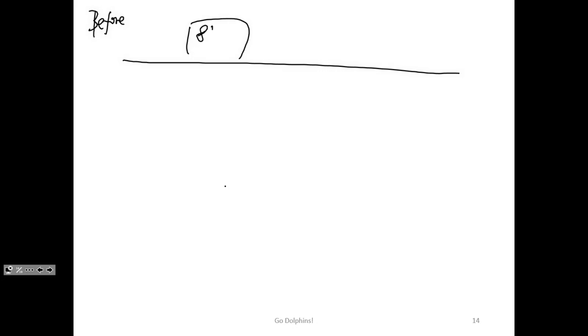So let's first sketch the situation. We have, before the collision, 8 kilogram moving 4 meters per second, and we call this one MA, VA1.